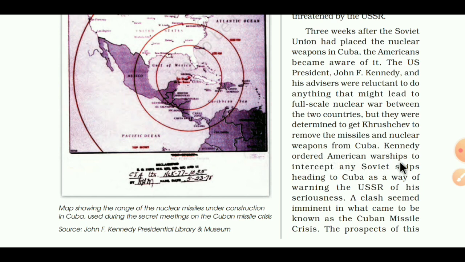Kennedy ordered American warships to intercept any Soviet ship heading to Cuba as a warning to the USSR of his seriousness. It meant that if the USSR did not remove all the powerful nuclear weapons and missiles from Cuba, then another world war would have been 100% possible.